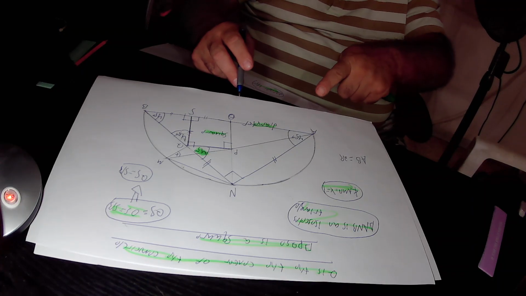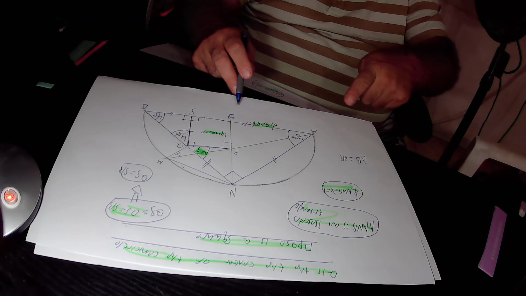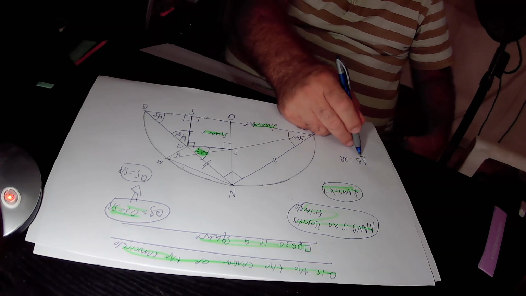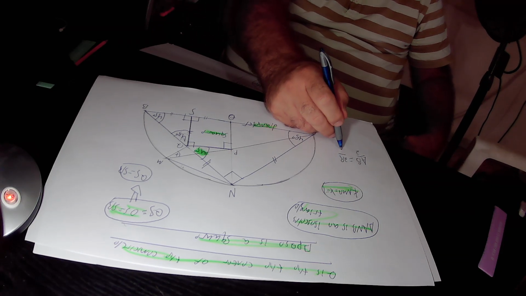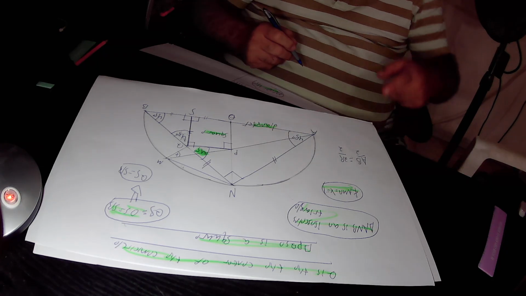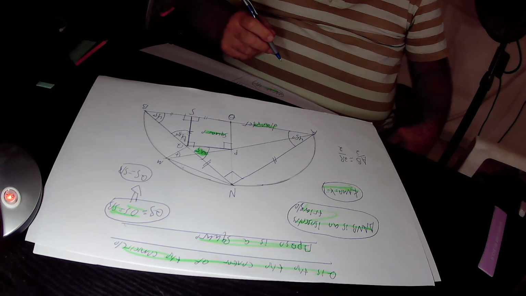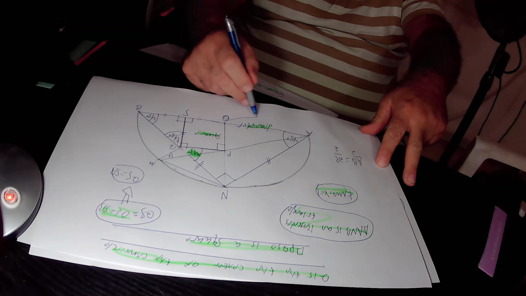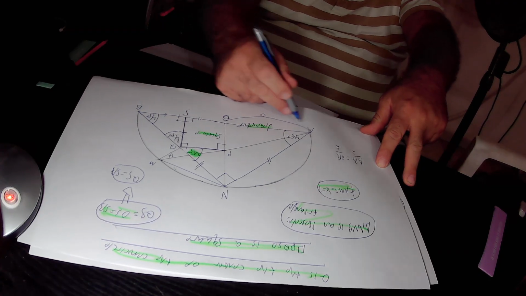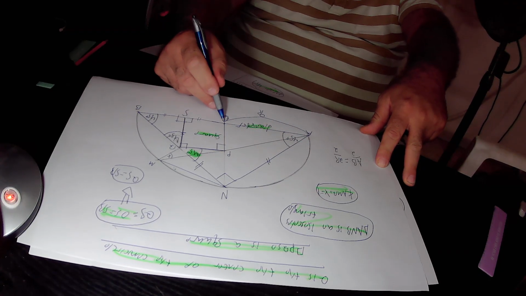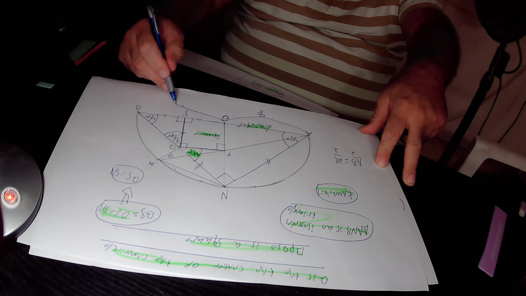So each half must be equal to AB over 2. AB over 2 is 2R over 2, because AB equals 2R. 2R over 2 is R. So the first half AO must be equal to R, that is the radius of the semicircle, and the second half OB must also be equal to R.